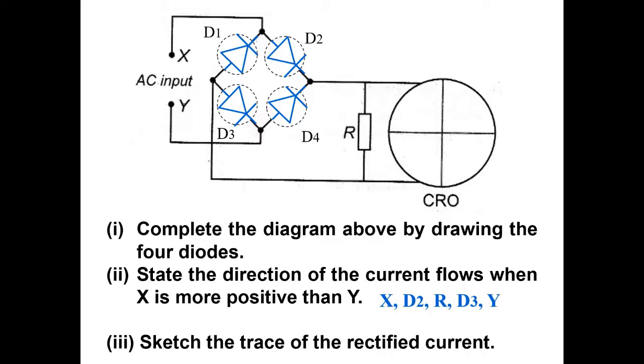The current flows from X to D2, to the resistor, the output, and then goes back through D3 and then to Y. This is the direction of the current flow. Then sketch the trace of the rectified current. It is a full wave rectification.